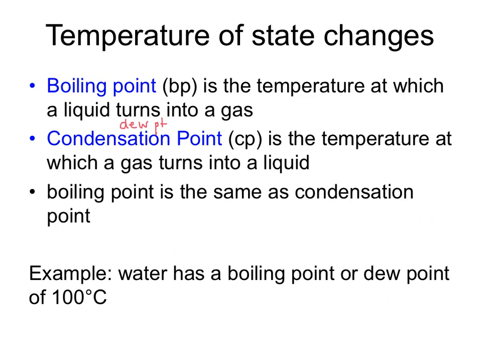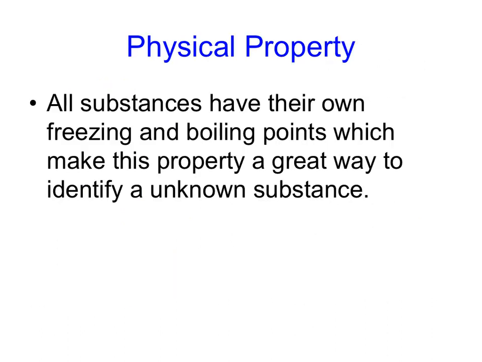Once again, water, as our example, has a boiling point or a condensation point of 100 degrees Celsius or 212 degrees Fahrenheit. Every substance in this world has their own particular freezing and boiling point. Freezing and boiling points are physical properties, characteristics that describe the appearance of something. Physical properties are a great way to identify an unknown substance.